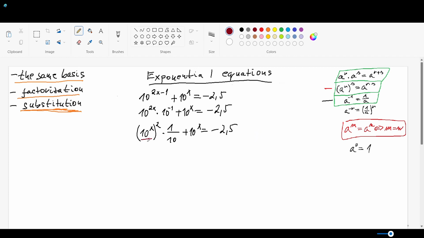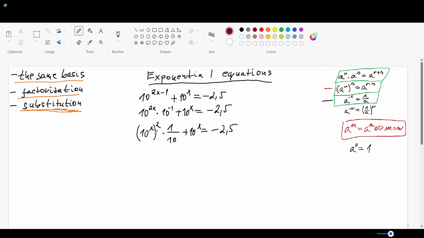Here we see a common factor, but in this case we are not going to use factorization, because as you saw in the previous example, this will not help us to find the solution of this equation.